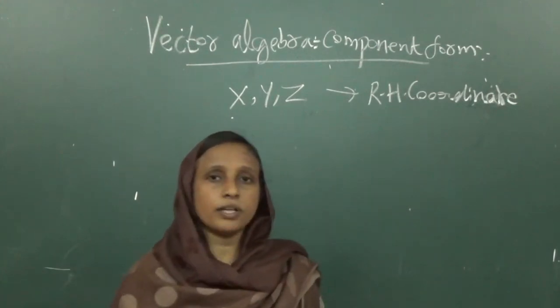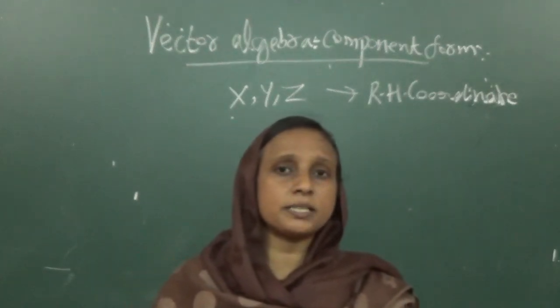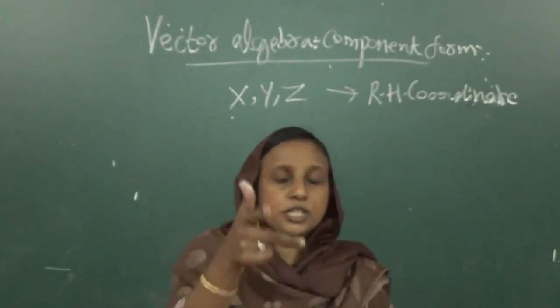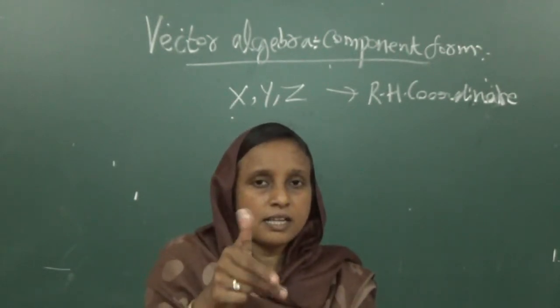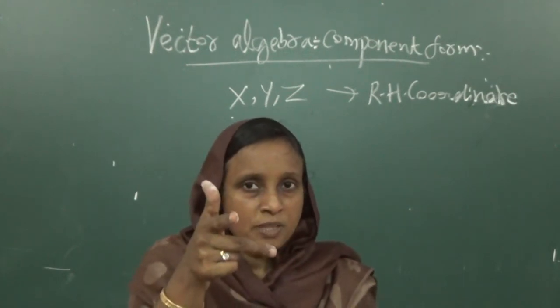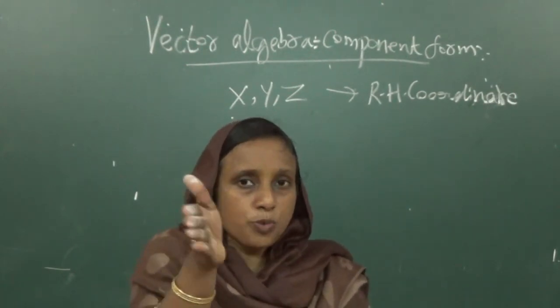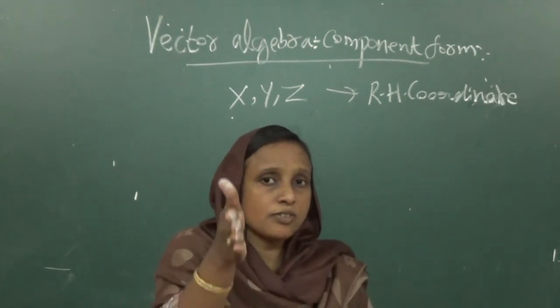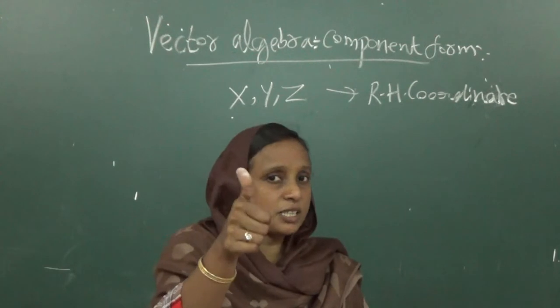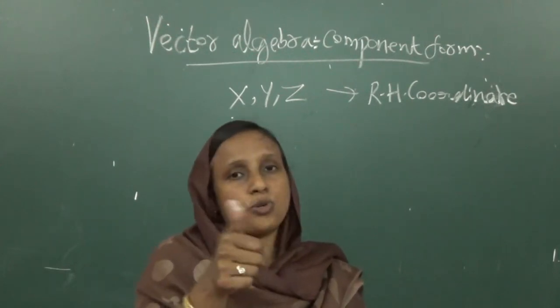So what is a right-handed coordinate system? If you raise your right hand like this, its thumb represents the z direction and the fingers swipe from the first vector to the second vector. This type of coordinate system is called a right-handed coordinate system.